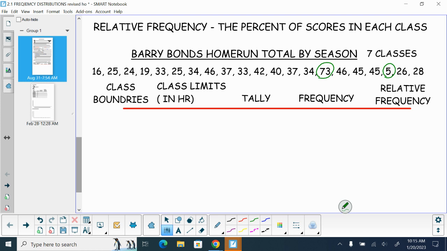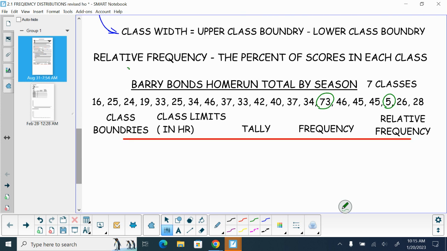Okay? So to find the class width, we go big minus small divided by the total number of classes. So our class width is equal to big minus small, our range, divided by our total number of classes. We have 7 classes.